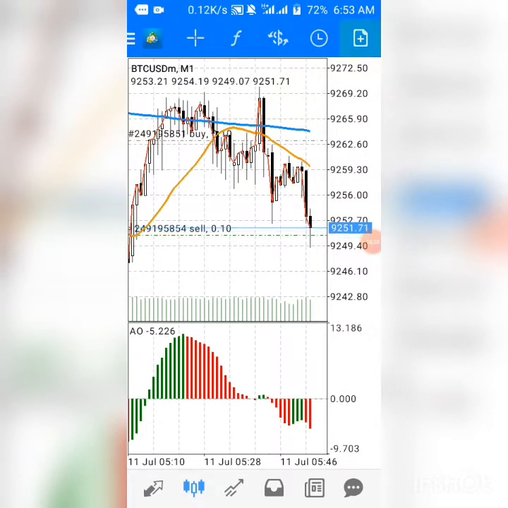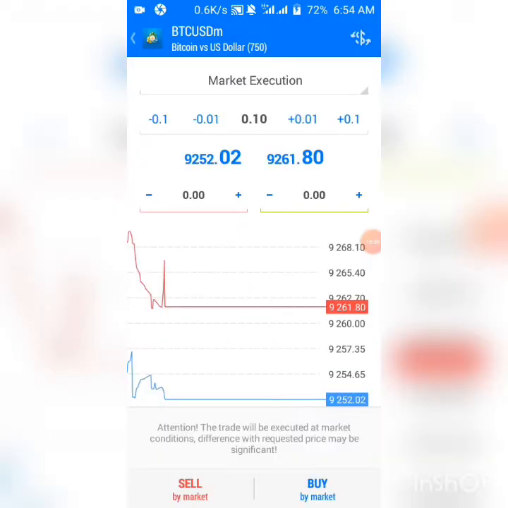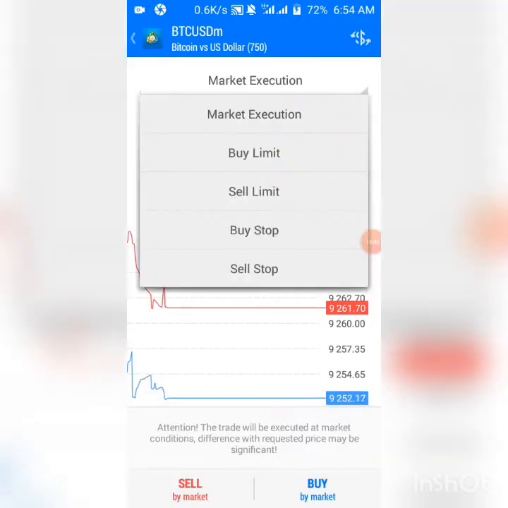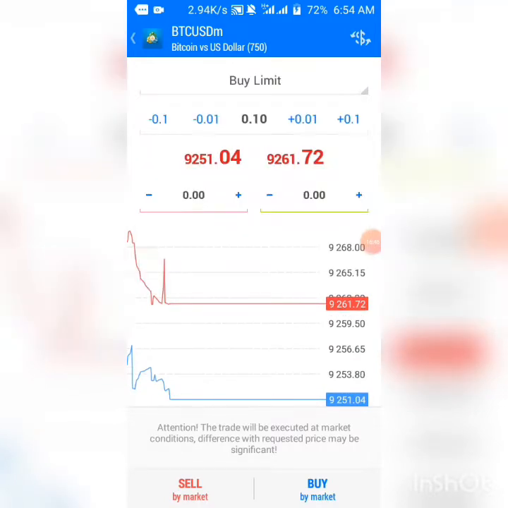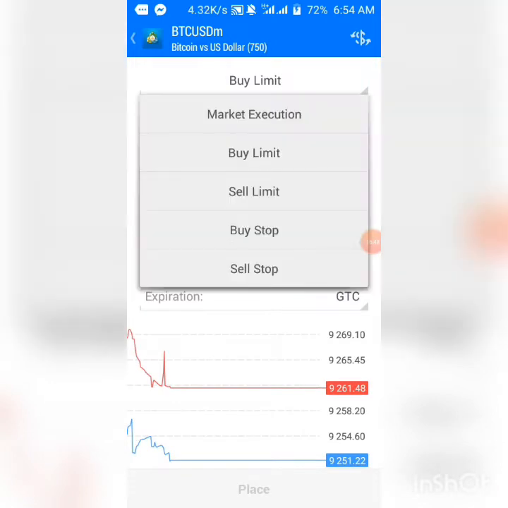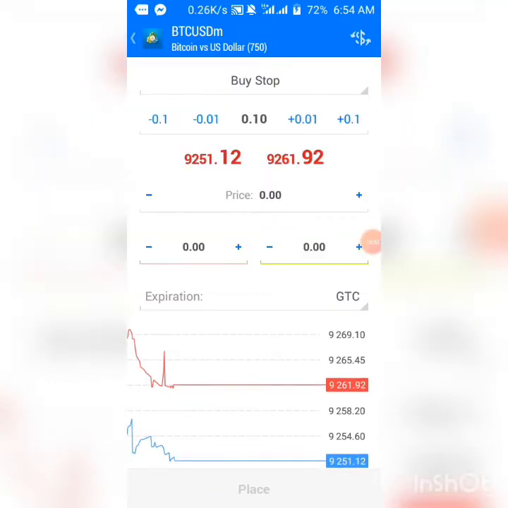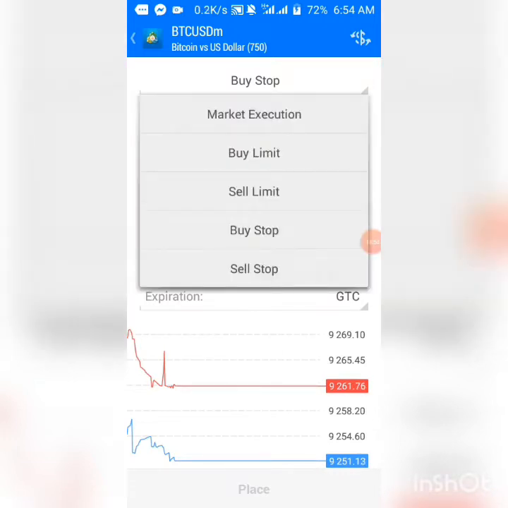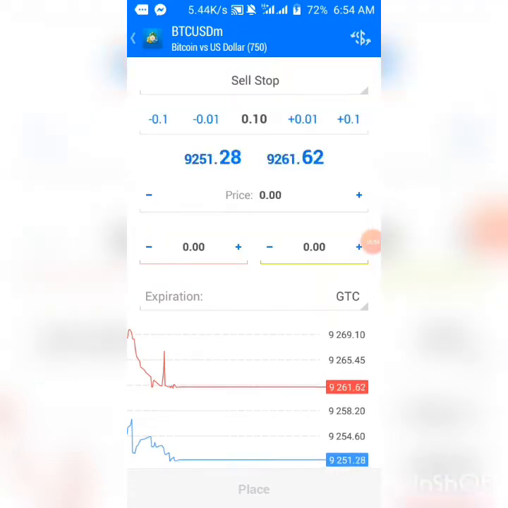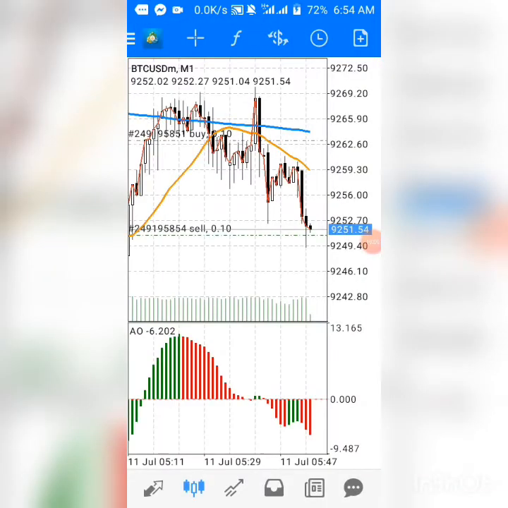It allows you to buy and sell. Then you can also set pending orders, like a buy limit and a sell limit. You can set a buy stop. You can set a sell stop. For instance, the price on the 1 minute chart is falling.